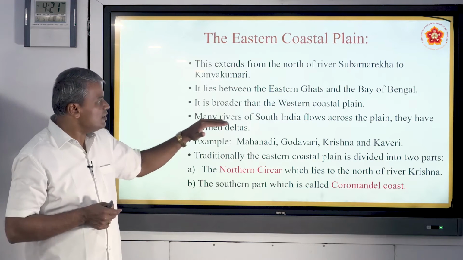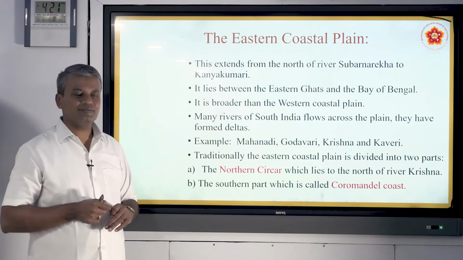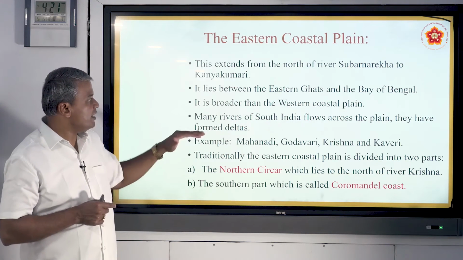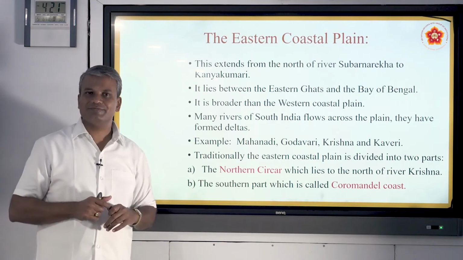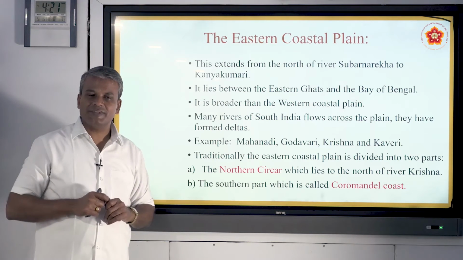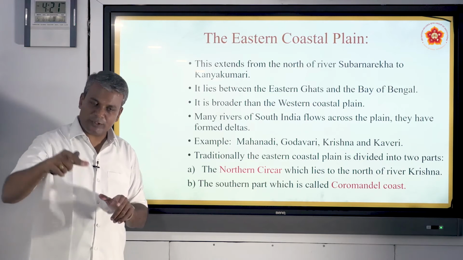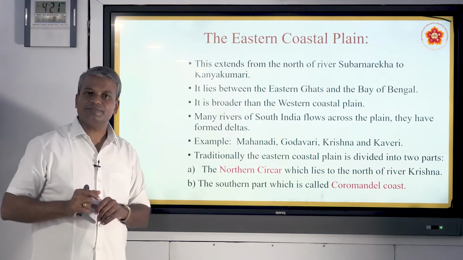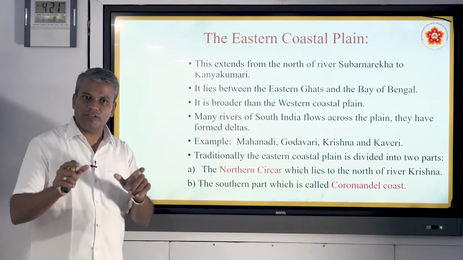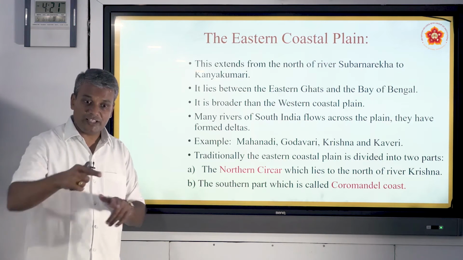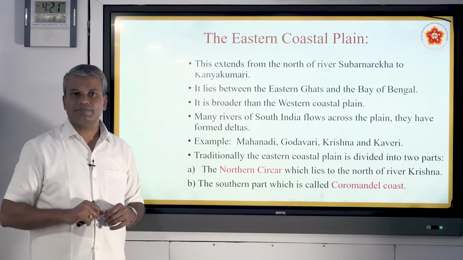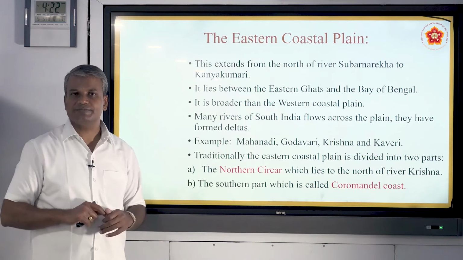Clear? So many rivers of South India flow across the plain and they have formed deltas, the triangular shape of land. The rivers, before reaching the ocean, at the mouth of the river, where the river joins the ocean, there they form the deltas because of the plateau region.